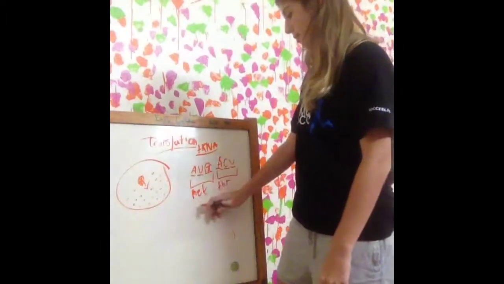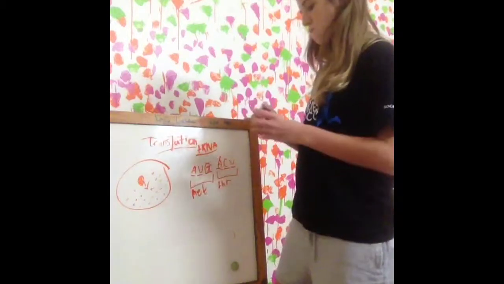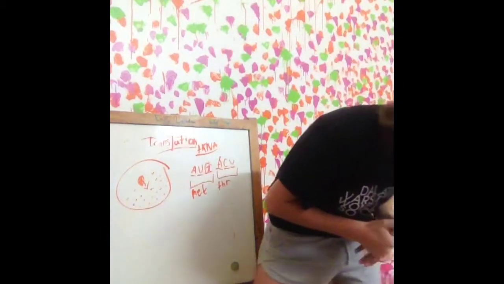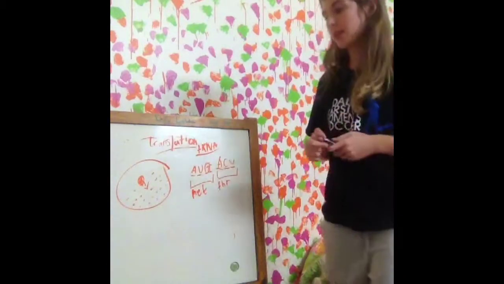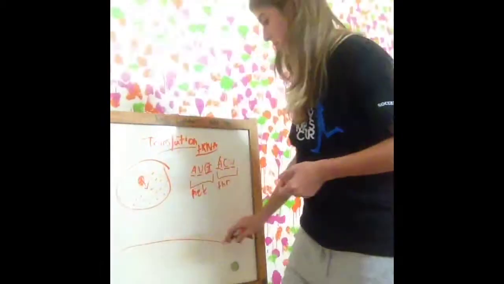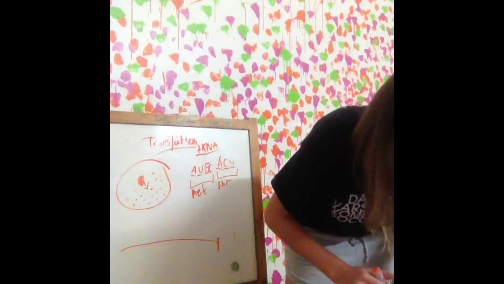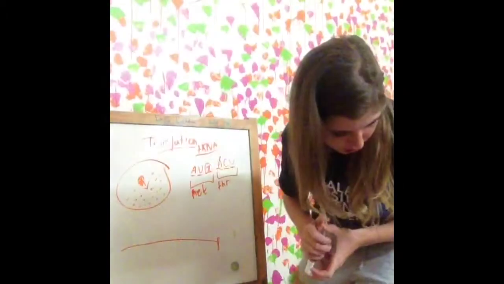And so, the tRNA reads the mRNA in these triplets, and it initiates something called start and stop codons.